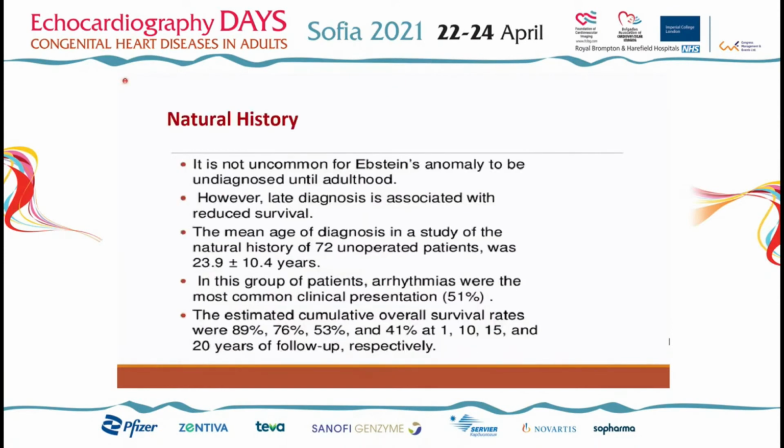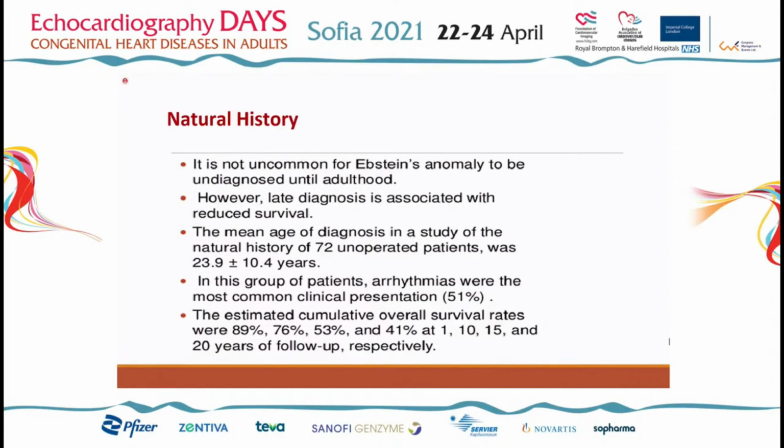The natural history is very interesting because it's not uncommon for Epstein anomaly to be undiagnosed until adulthood, like our patient. However, late diagnosis is associated with reduced survival. The mean age of diagnosis in the study of the natural history of 72 unoperated patients was around 24 years plus or minus 10.